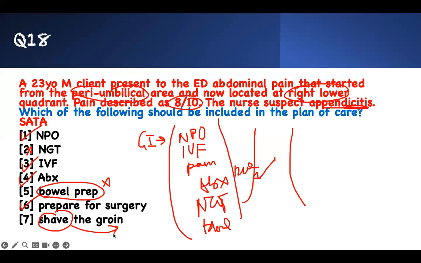The surgeon will shave them in the operating room, using clippers, not razors. A razor will make a cut and that will cause infection. But you're not supposed to do that. NPO, IV fluid, antibiotic, and prepare the client for surgery. That's all.